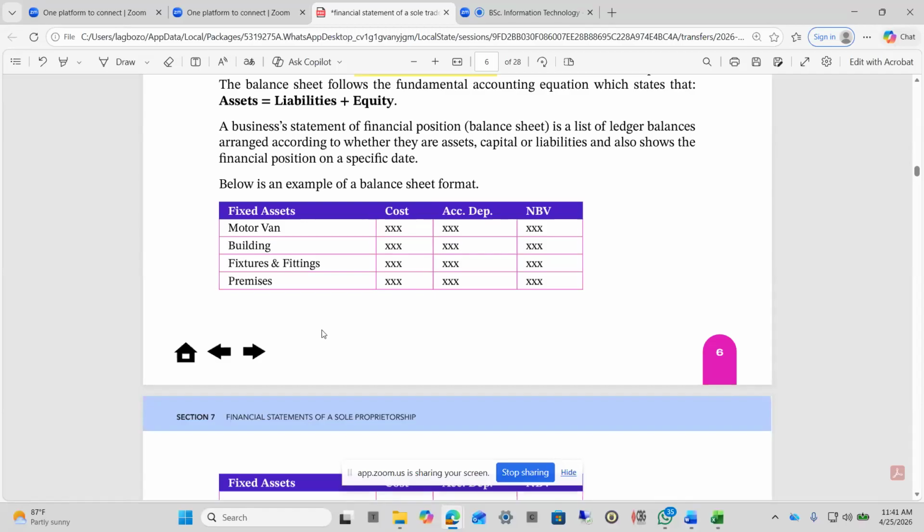Are we together? You can write. I'm saying that the assets are also divided into 2.